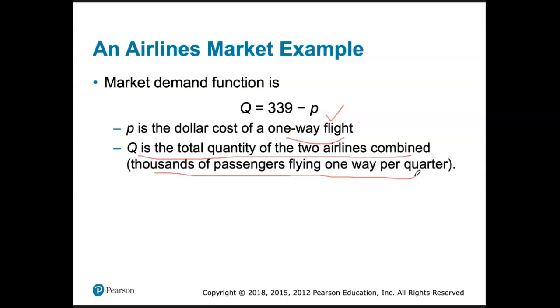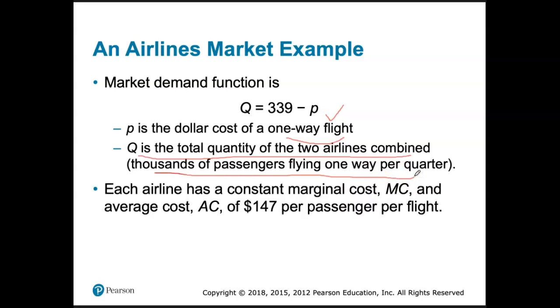Suppose each airline has a constant marginal cost. Remember, we said the cost functions in our assumption are the same across all firms. So each airline has a constant marginal cost, MC, and an average cost, AC, of $147. So we know the marginal cost is $147 for both firms.